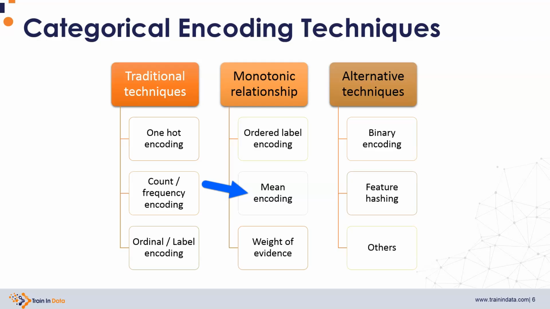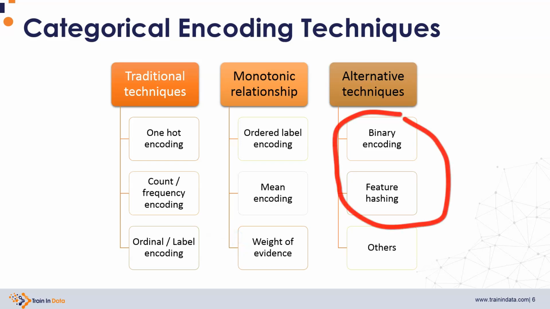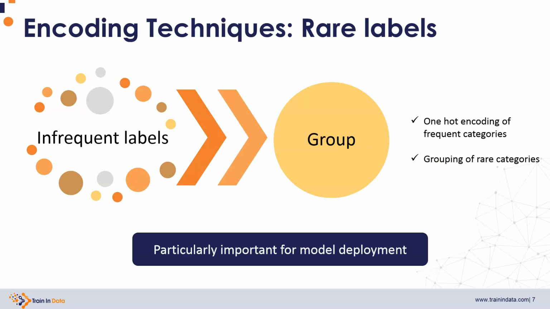We can also perform mean encoding or replace the labels by the weight of evidence, and we can perform more sophisticated techniques like binary encoding and feature hashing. When we have rare labels, so a lot of labels that appear only in a few observations, we tend to group them into one umbrella term that we can call rare or other, or any term that we like.